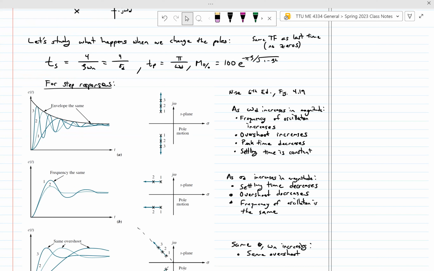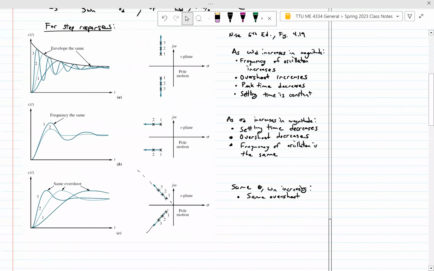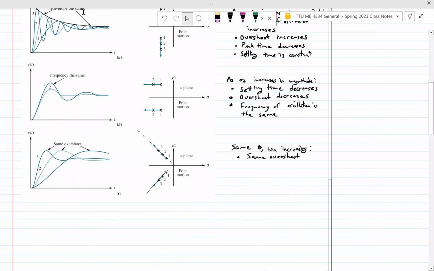Max overshoot, what does it relate to? What parameter? Zeta, right? Our damping ratio. Overshoot, damping ratio, those are connected. Make sure you understand that, right? So these straight lines here with the same angle, if they have the same overshoot, that means that they have the same damping ratio.